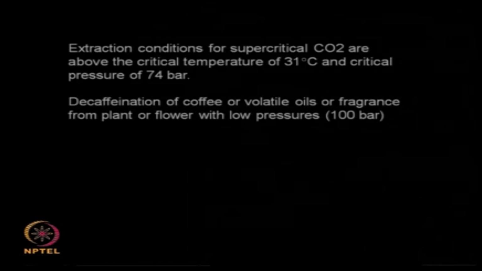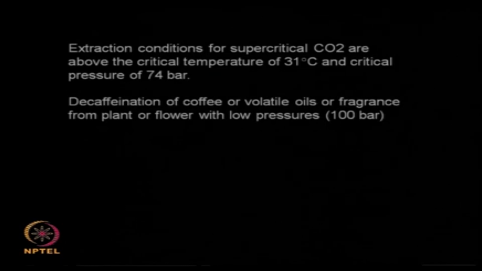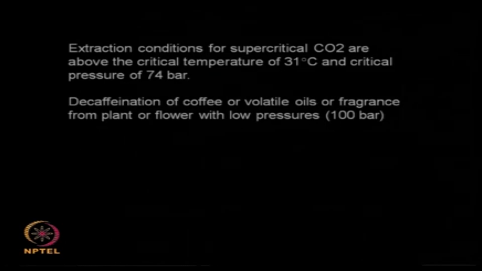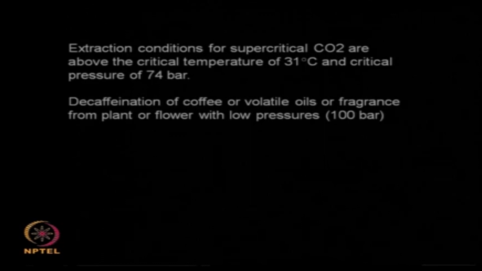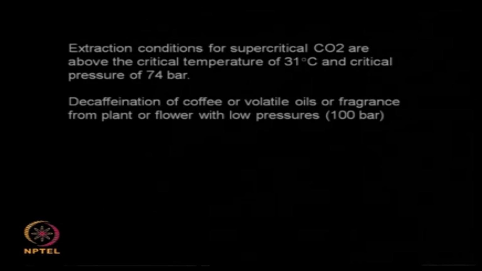That means if I am above this temperature and above this pressure, CO2 will be in the form of a supercritical fluid, and by modifying the pressure I can improve the solubilities, and I can modify the temperature to improve the diffusion coefficients, as long as the solids which you are trying to treat can allow this type of temperature and pressure.